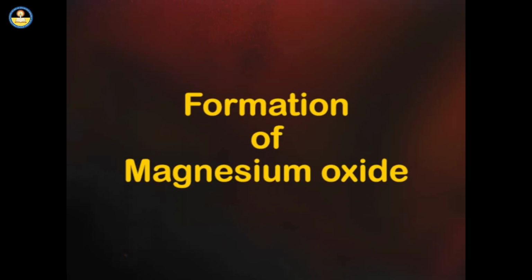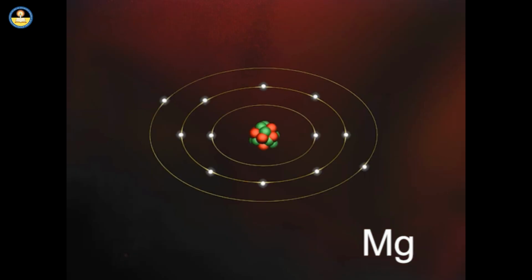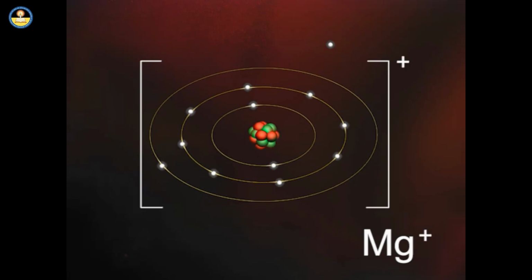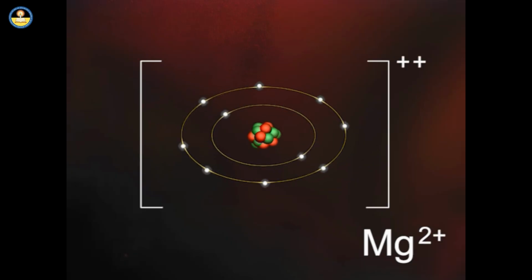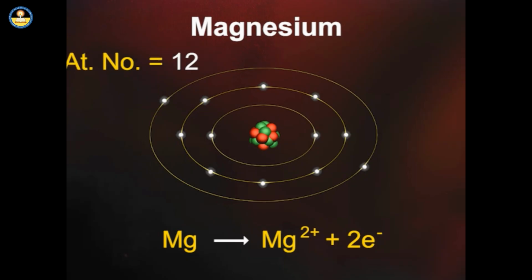We will now learn about formation of magnesium oxide. This can be explained as shown in animation. Magnesium atom releases 2 electrons to become magnesium 2+ ion. Atomic number of magnesium is 12.